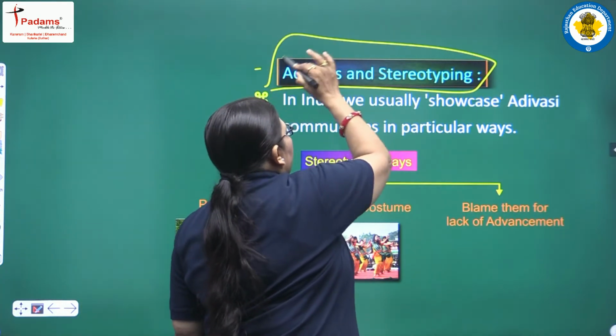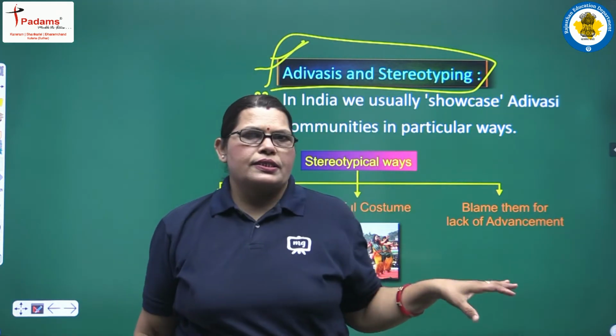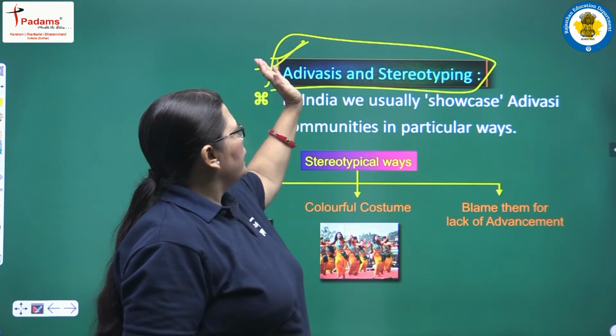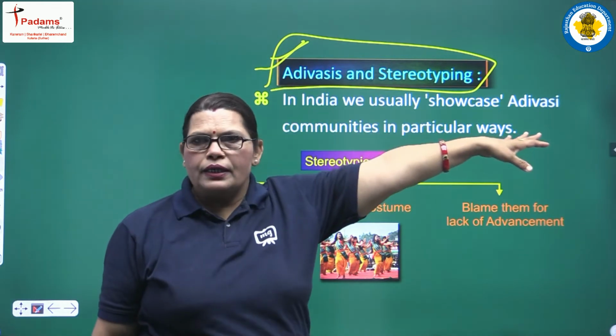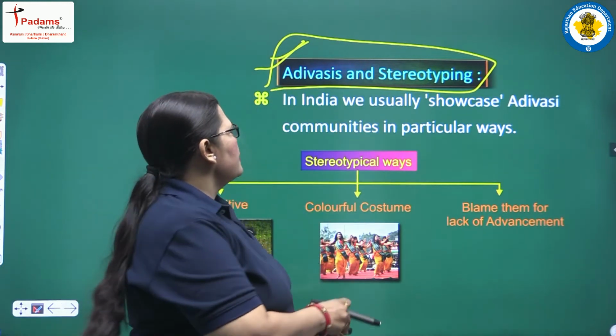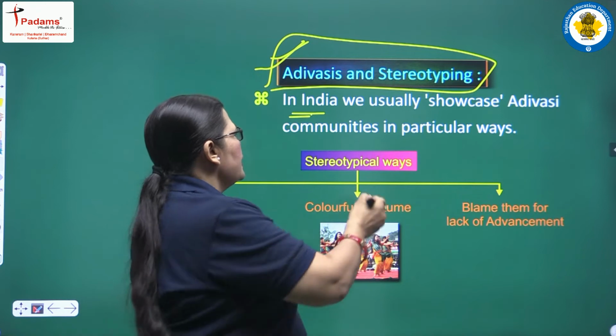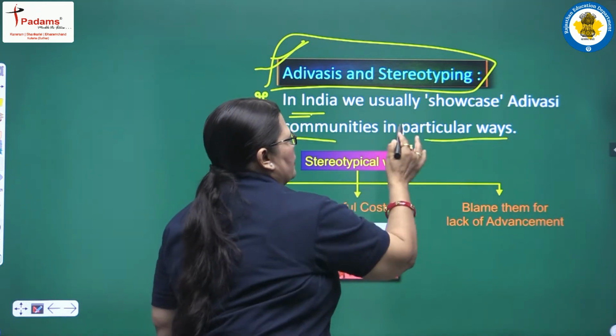This one is our next topic. We had discussed Adivasis, and now Adivasis and stereotyping is the main topic we will discuss. In India, we usually showcase Adivasi communities in particular ways.